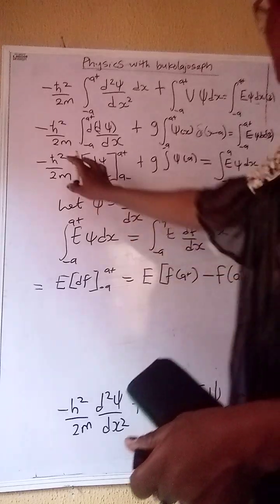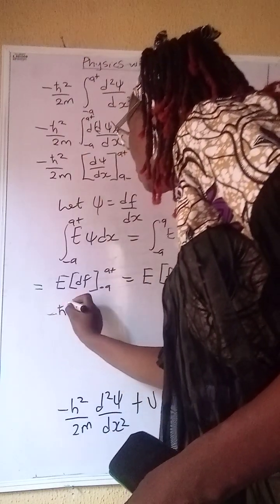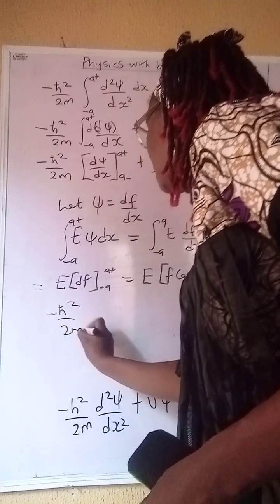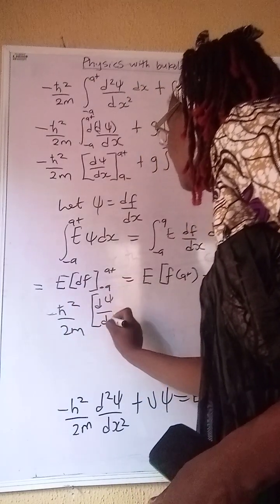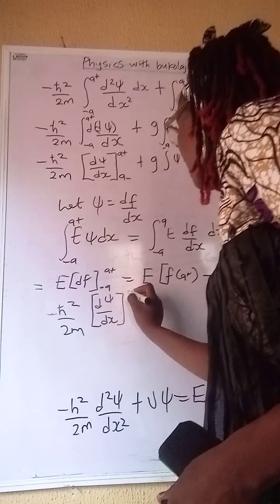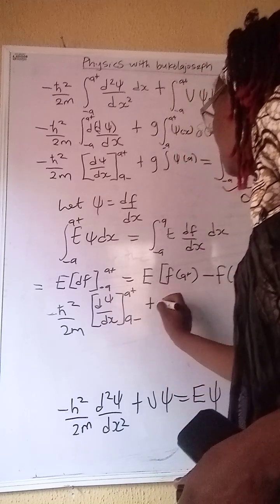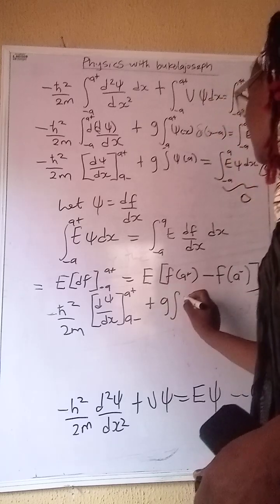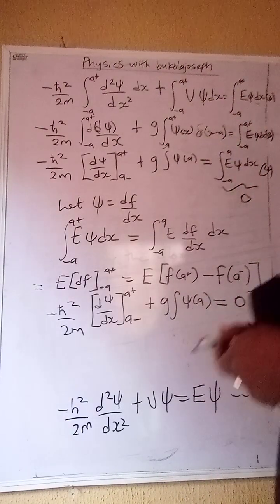It means equation 4 will now be equal to minus h cross squared over 2m, d psi dx, okay, a plus a minus plus g psi of a is equal to 0.